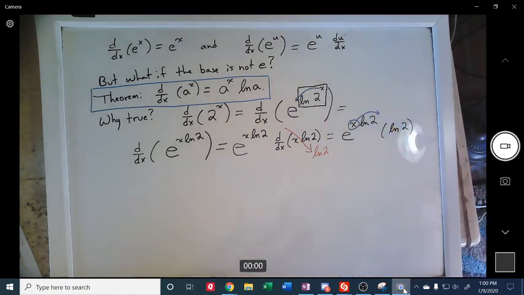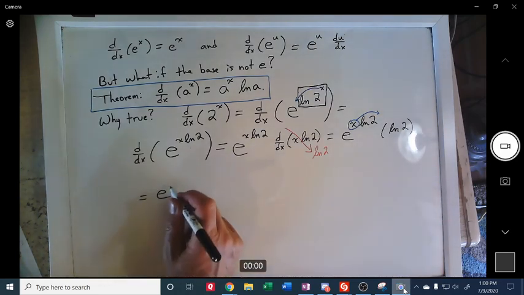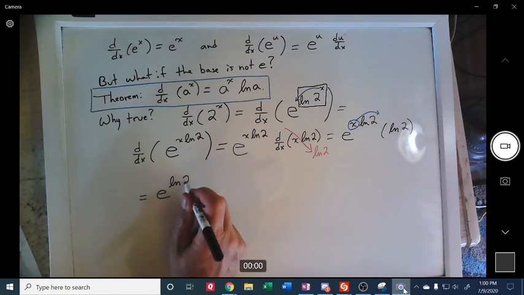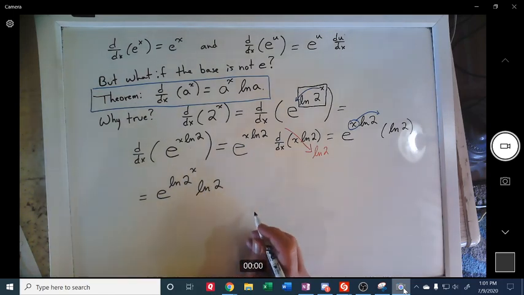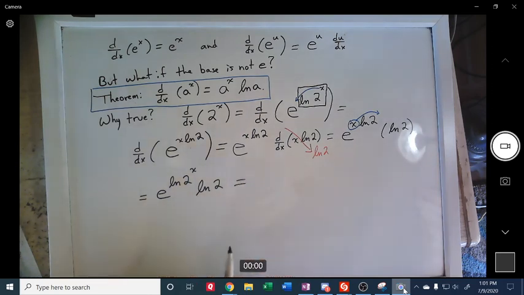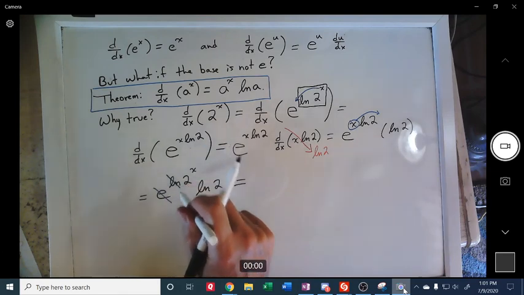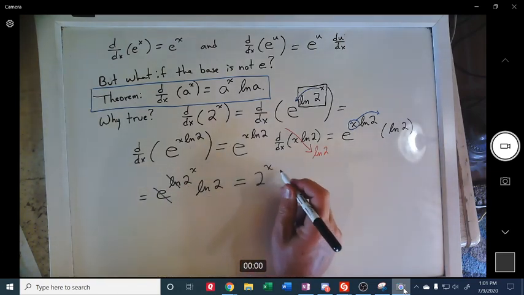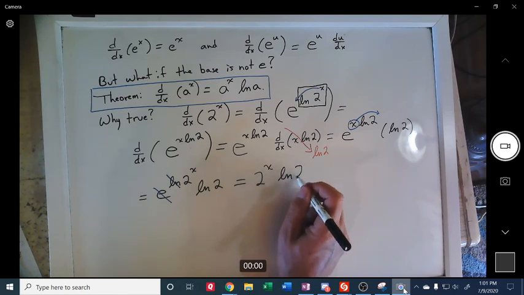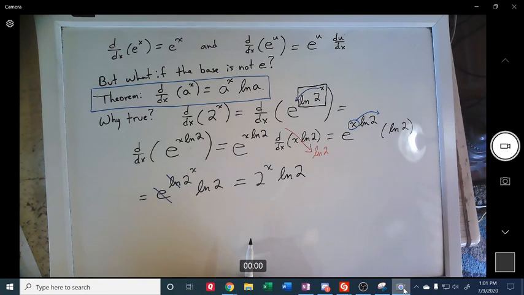Rule 3 again, but using it in the other direction. So this is going to be e to the ln, 2 to the x, ln2. And then e and ln, now they kill each other off. And I get 2 to the x ln2, and this rule is starting to make sense.